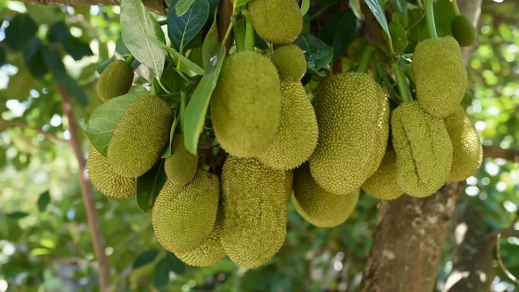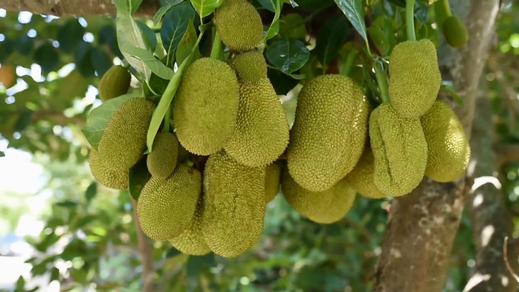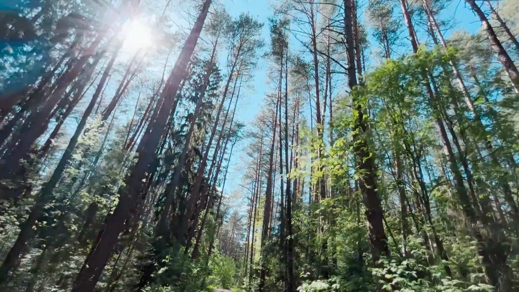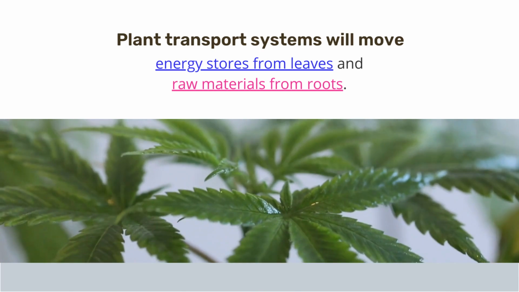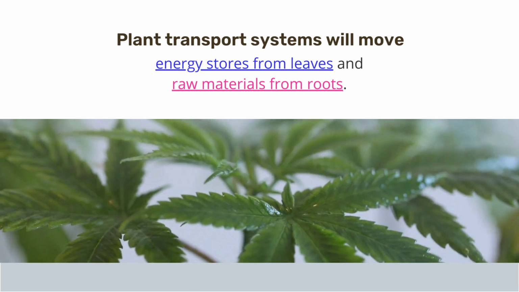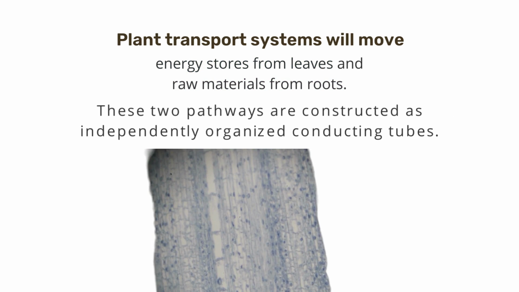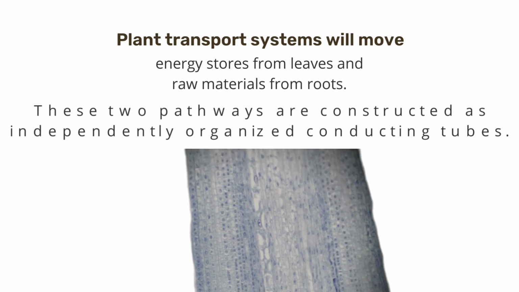The distances over which transport systems have to operate can be very large in plants, such as very tall trees. Transport systems will move energy stores from leaves and raw materials from roots, right? These two pathways are constructed as independently organized conducting tubes.